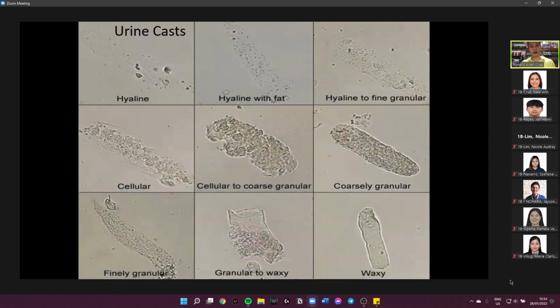Okay, so these are examples of your casts. Notice that they are cylindrical in shape. What happens is that these substances become trapped inside your tubules. Clinically, these casts can cause obstruction, and when it goes up into the more proximal portions of your nephron up to your Bowman space, that could already spell trouble for your kidneys.